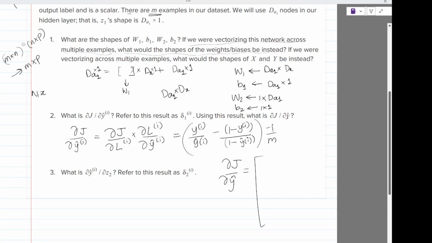So this will be an m dimensional vector with this as the entry corresponding to i. What is del y hat i by del z2?